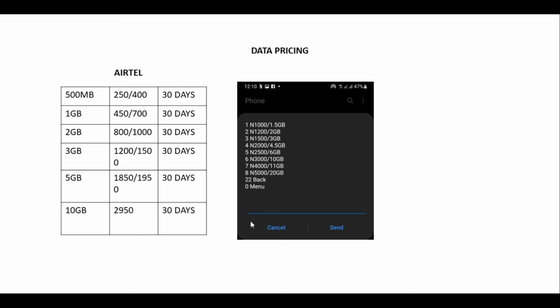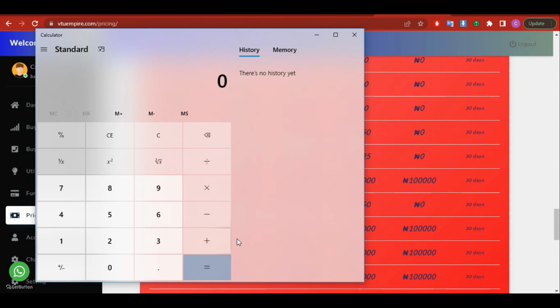When you sell to 10 people, let's calculate how much it's going to be. 10 people times 300 naira is 3,000, just at the comfort of your home, just posting.